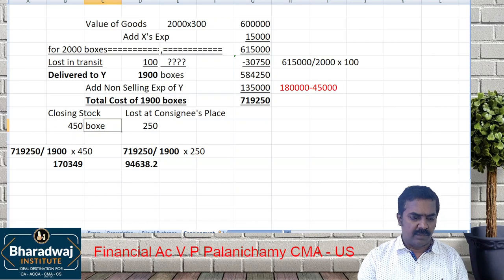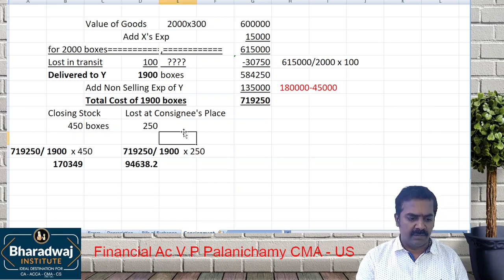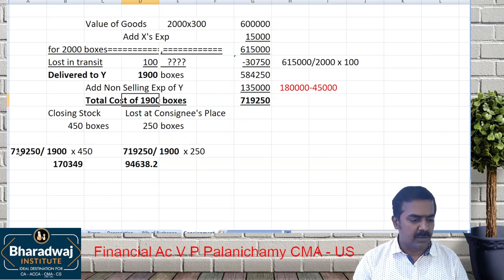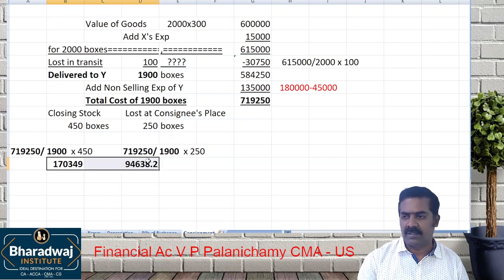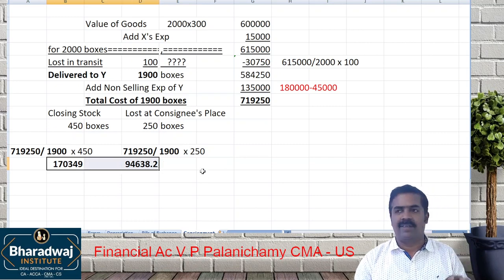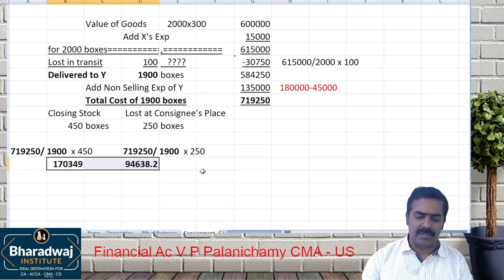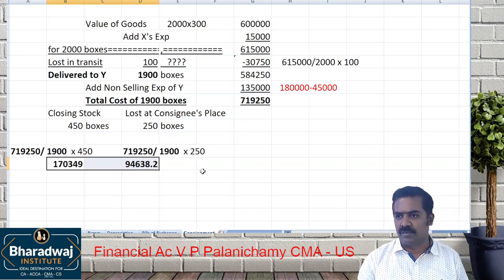How do we work out the value? If 7,19,250 is for 1900, what is for 450? What is for 250? We value it. This is a maximum-level problem that can be tested in a consignment question. Take up this valuation of goods.